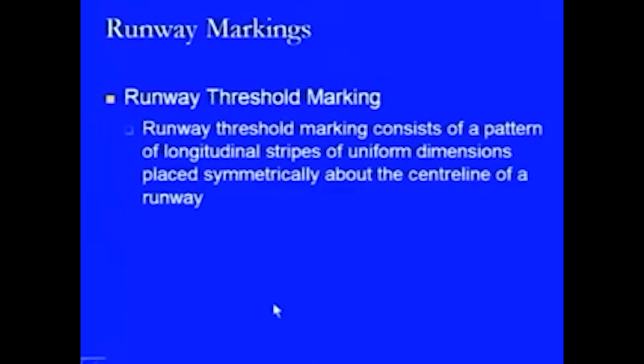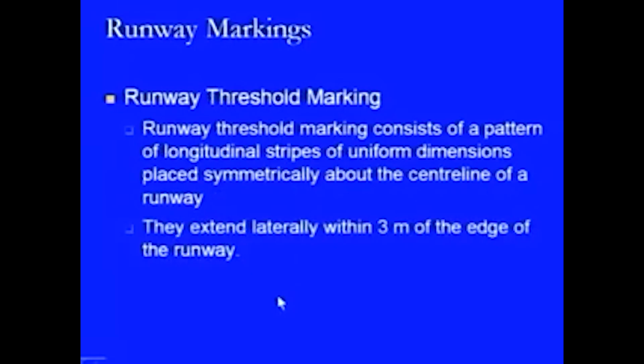And there is another type of marking which we have seen in the previous diagram, the runway threshold marking. This runway threshold marking consists of a pattern of longitudinal strips of uniform dimensions, that is they are of the same length and same width, and they are placed symmetrically about the center line of a runway strip, and they extend laterally to within 3 meters of the edge of the runway strip, meaning from the edge of the runway strip it goes up to 3 meters from the sides.